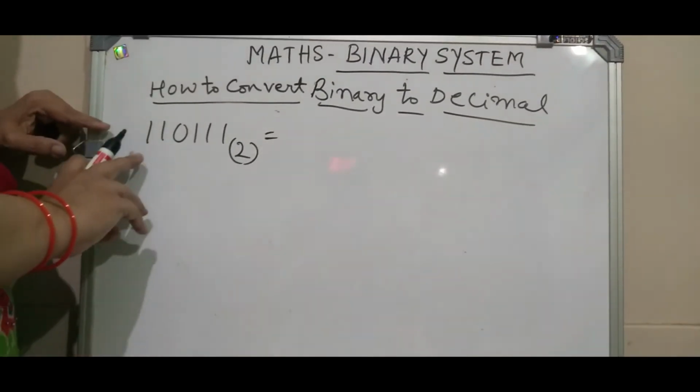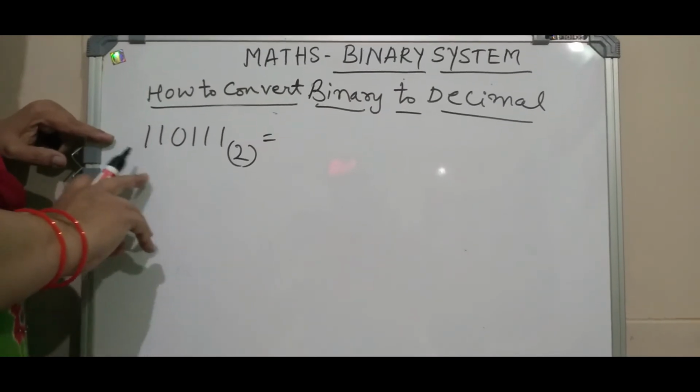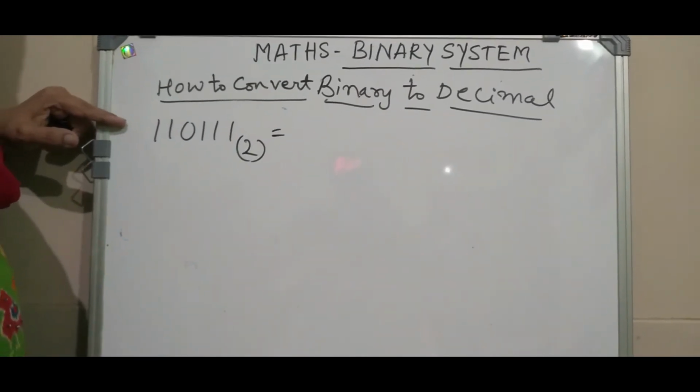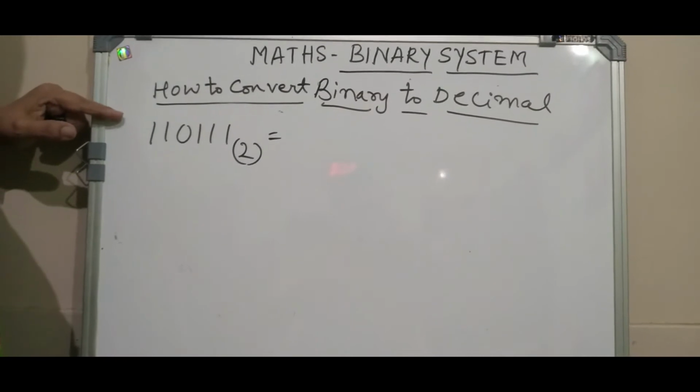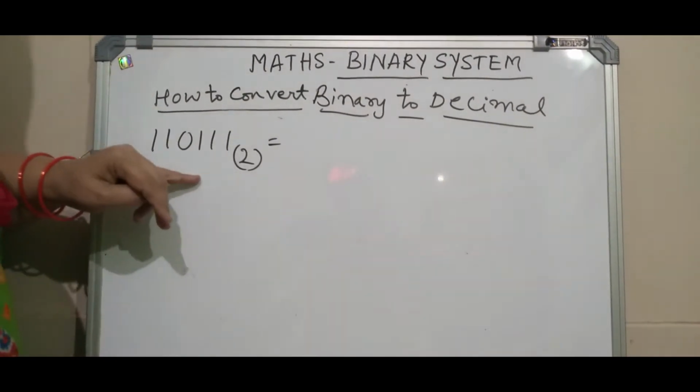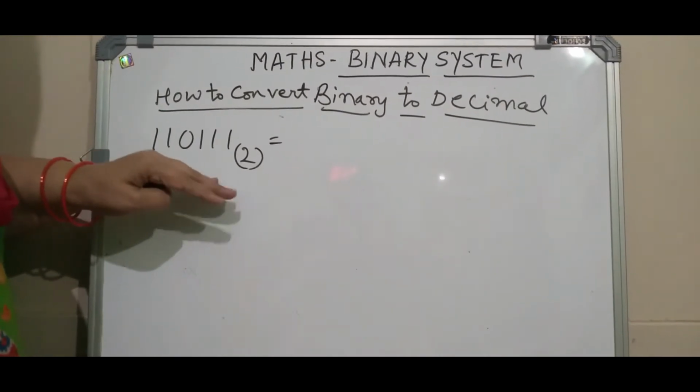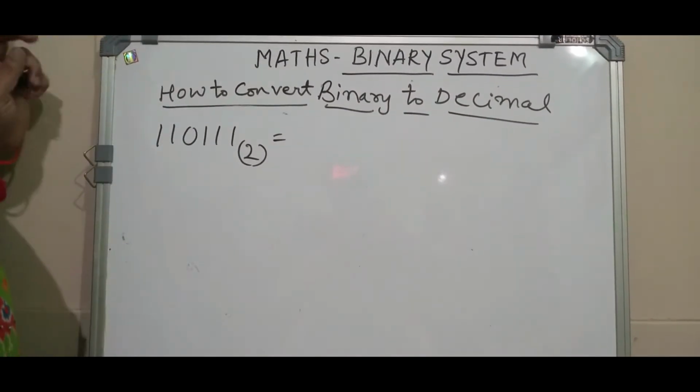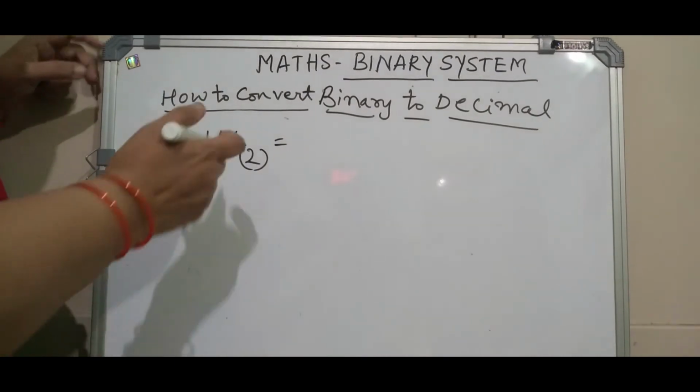Now let me consider this example. In the previous case we had taken the number 55. The number 55 can be written like this in base 2, 110111 base 2. Let us convert this into the decimal system. Now I will show you this example.